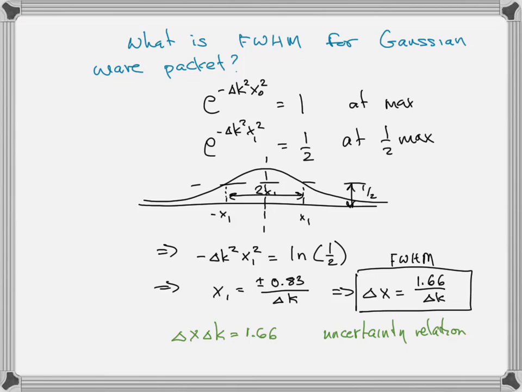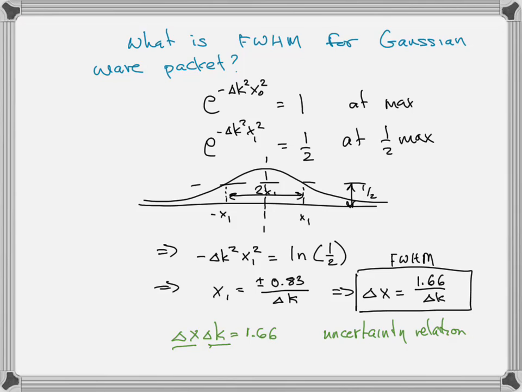But remember that delta k is a measure of momentum because it's a measure of wavelength. So this is that uncertainty relation that says we can't know both our velocity and our position at the same time. This is a measure of position and this is a measure of velocity.